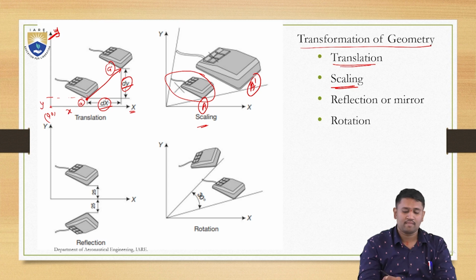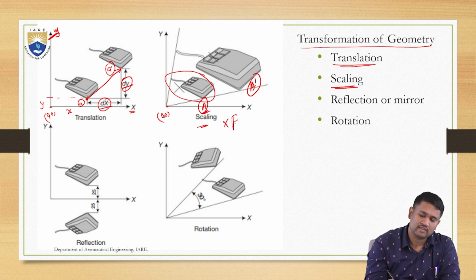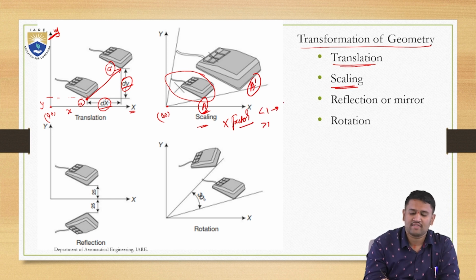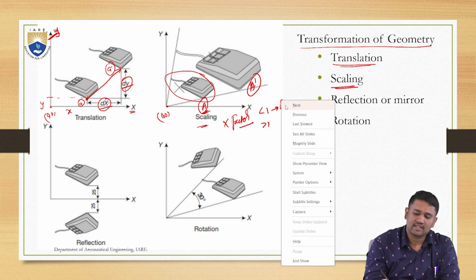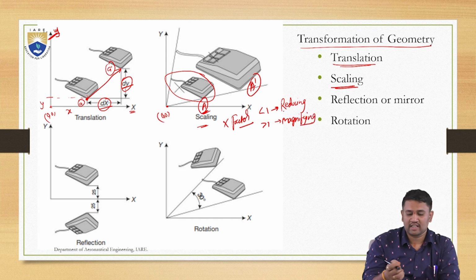So, from my Cartesian system origin, by multiplying my object A with some small scaling factor, which can be either less than 1 or greater than 1, if you are going for less than 1, it will be reducing, and if you are going for more than 1, it is magnifying, as shown in the figure currently.